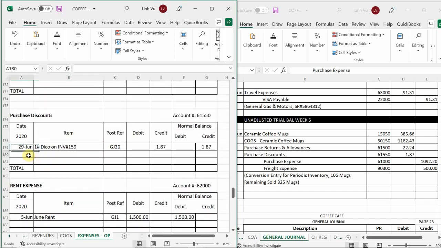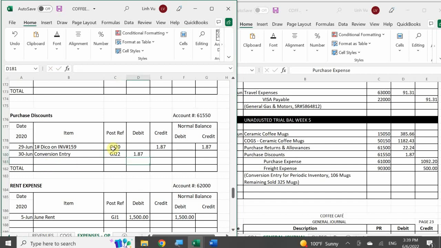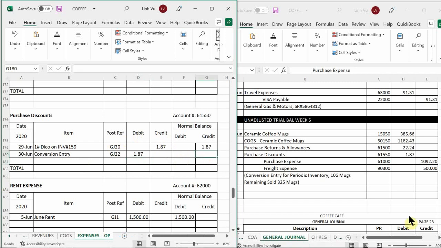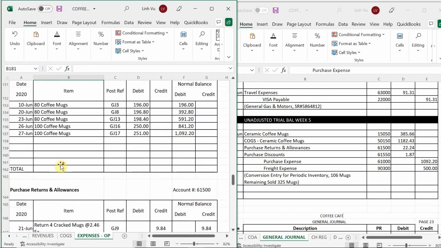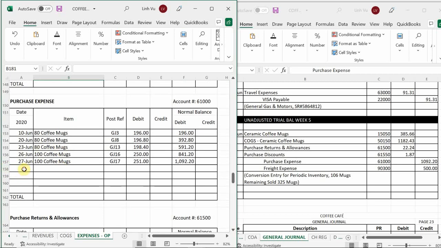I also need to zero out my purchase discounts. Conversion entry, general journal page 22, for that debit of $1.87. So that should give you zero. We also need to zero out my purchase expense account.